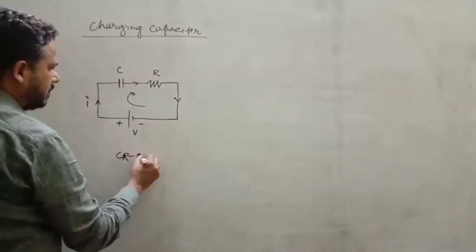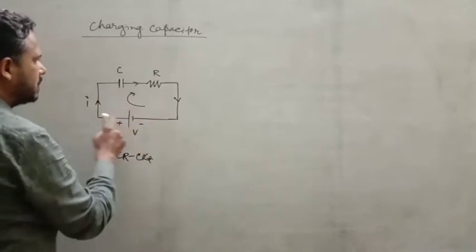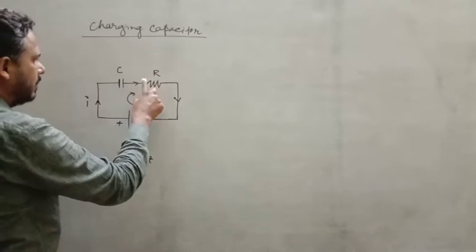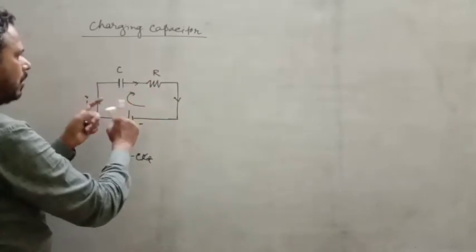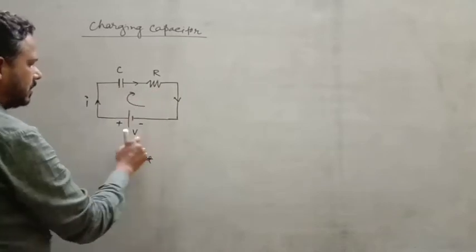Why is it called a CR circuit? Because in this circuit you are seeing that one capacitor and a resistor will be there. So this one is the combination of capacitor and resistor. That's why it is called a CR circuit.